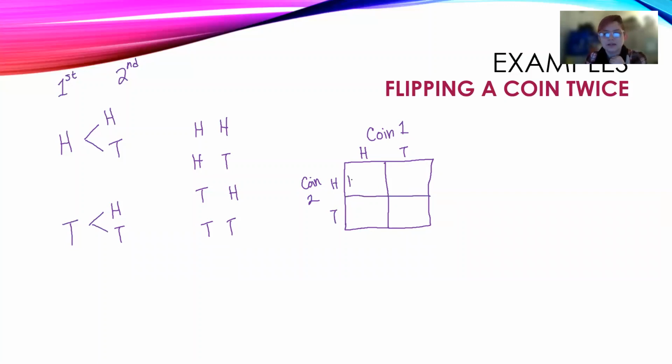And now you would fill it in. This method, so heads and tails, tails and heads, tails and tails, is very similar to making a Punnett square in science if you've worked any in genetics. And then again, my actual sample space at the end is a list of all of these possible outcomes.